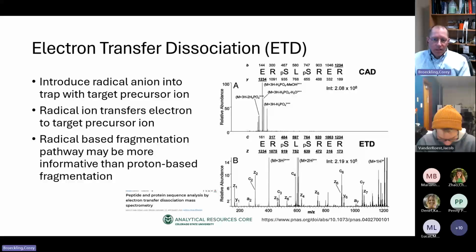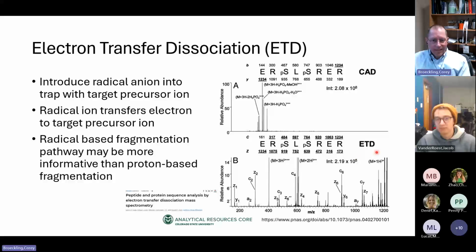So if you look at the spectrum on the top, this is actually not CID, this is collisionally activated dissociation in an ion trap. But CID spectra would be similar. When you fragment these phosphopeptides, what you tend to see is the loss of this phosphate group and not much else. And so you don't get a lot of information on the peptide backbone sequence, just that there is a phosphate.